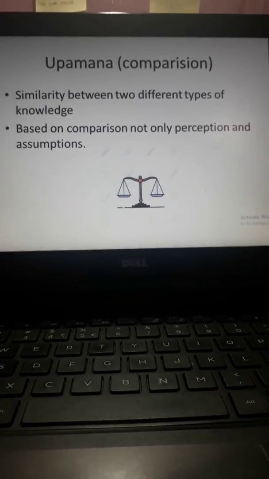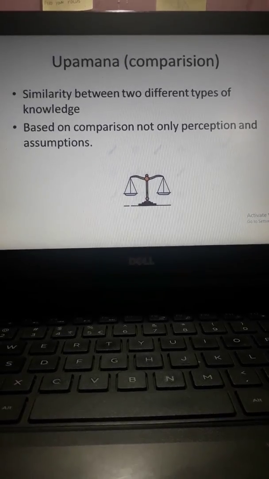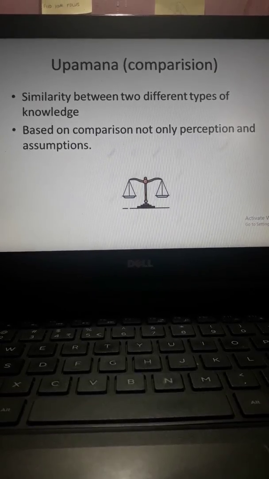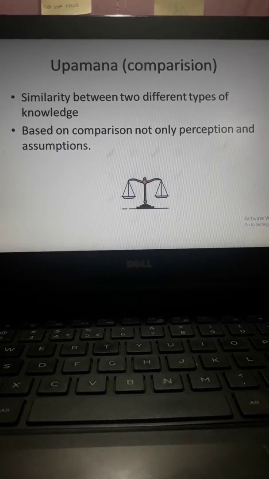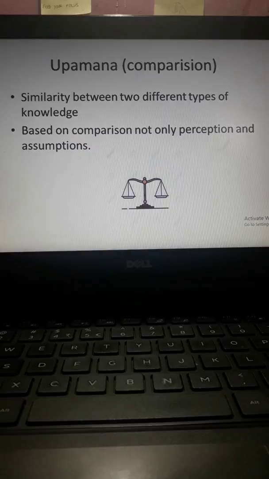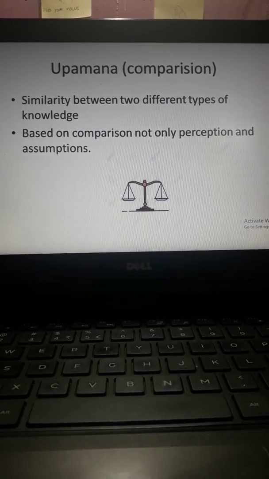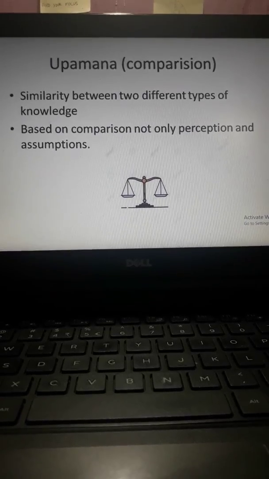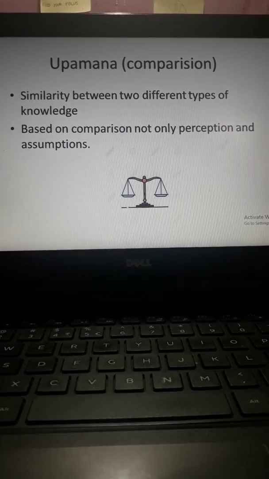And next we have the upamana, comparison. The English word for upamana is comparison. In this pramana, we are getting knowledge through similarity between 2 different things. We compare 2 different objects through their similarity, based on comparison and not only perception and assumption.